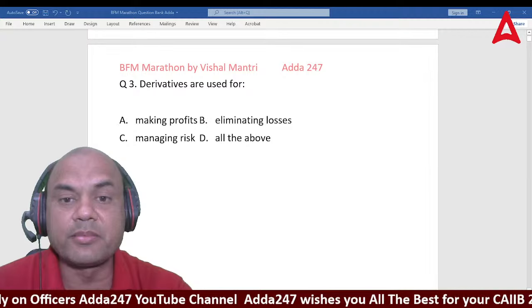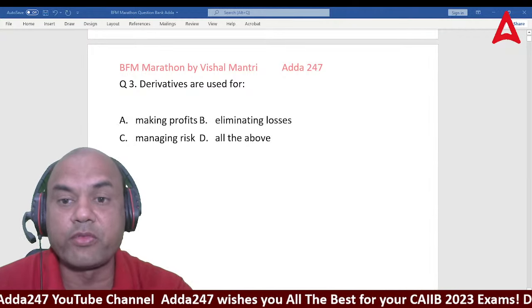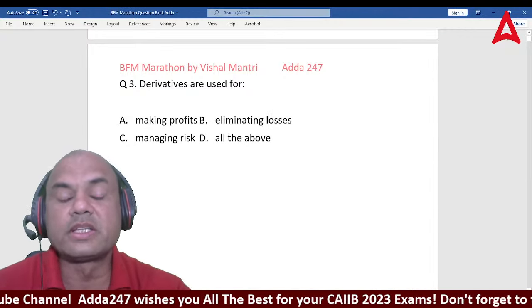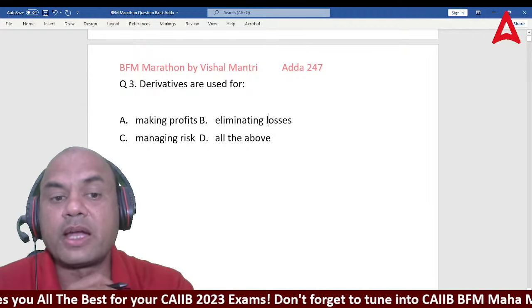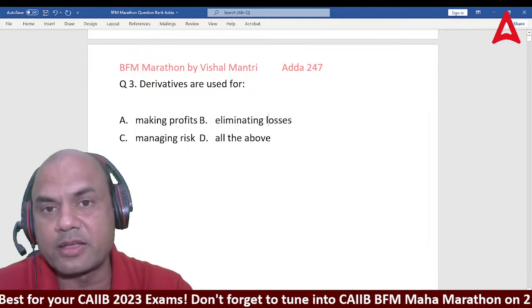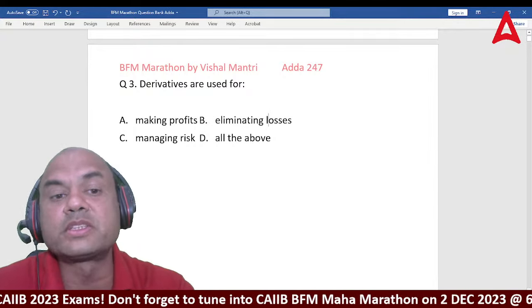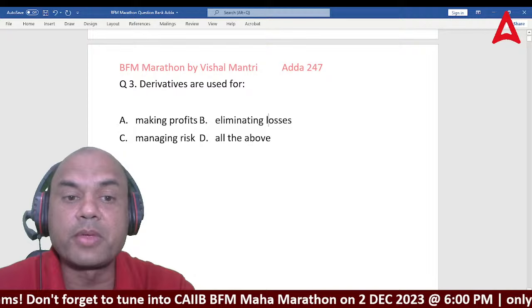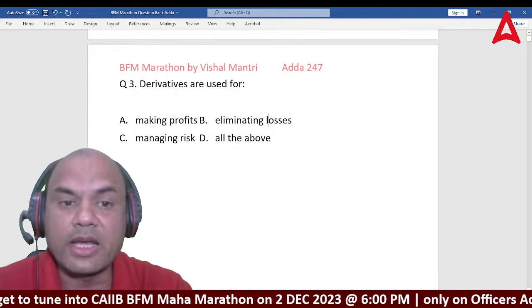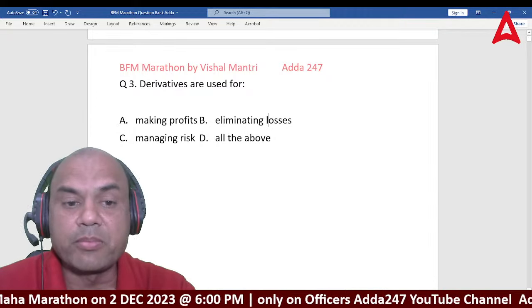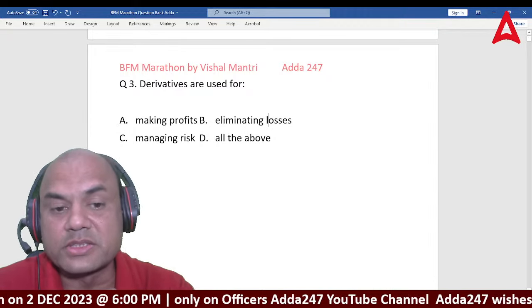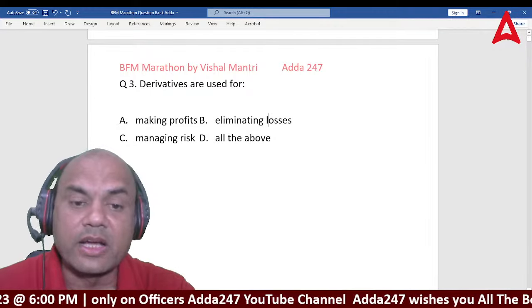We see call options and put options being traded in the stock market, but that is done for profit. So that can be the answer. But remember, from your exam perspective, the correct answer is, now that's what you have to think: making profits, eliminating losses, managing the risk, and all of the above.